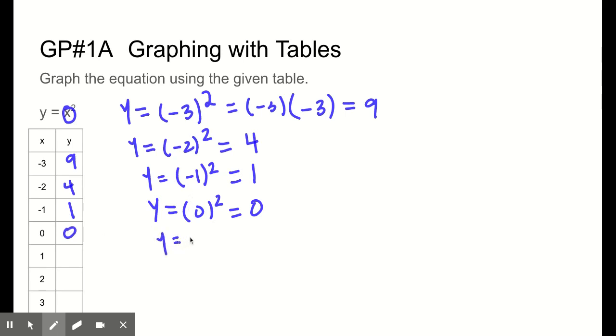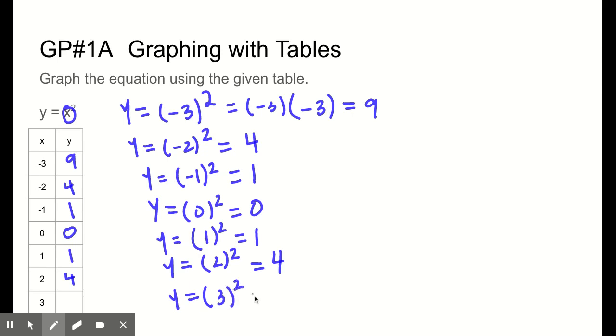Y is equal to (+1) squared, while +1 times +1 is still a +1. Y equals (+2) squared. +2 times +2 is a +4. And lastly, we have y equals (+3) squared. And +3 times +3 is a +9.